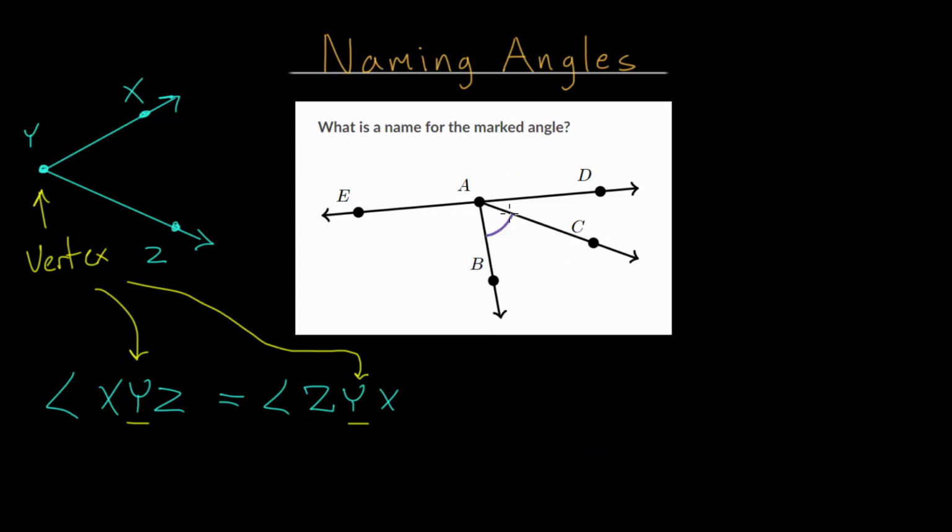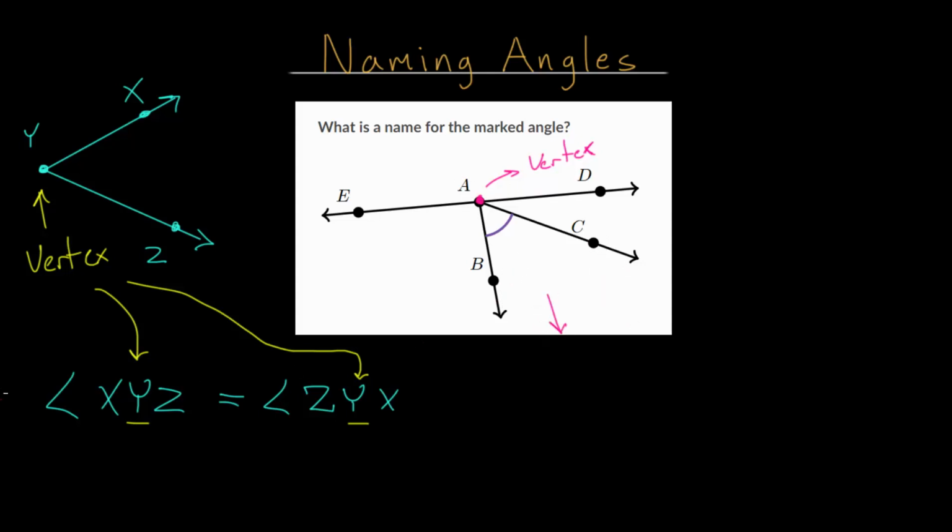So we need to figure out what this purple angle is right here. And again, the key point is to recognize what the vertex is. So this point A is the vertex of the angle. That's essentially the corner of the angle. And we can either start at B, then go to A, and then to C, or we could do it in reverse.